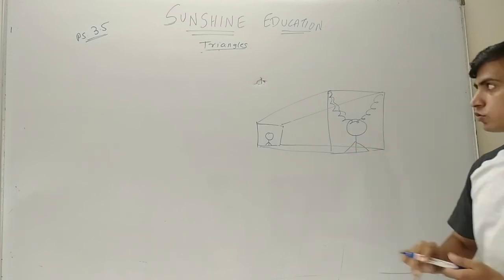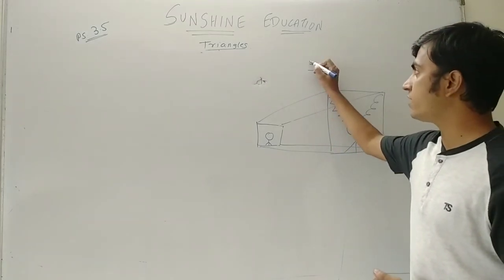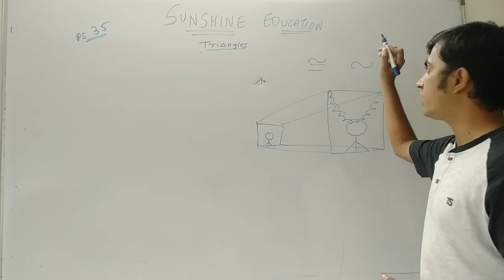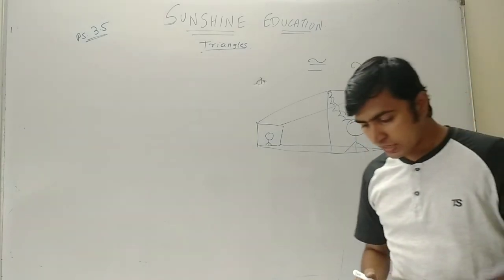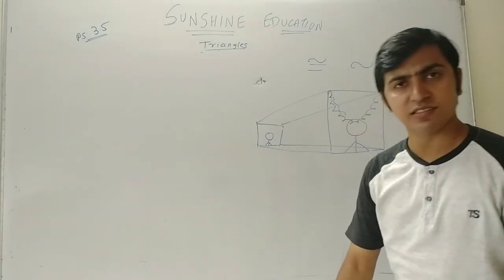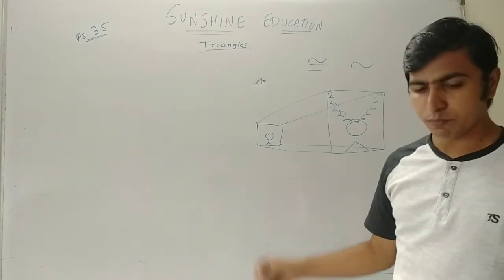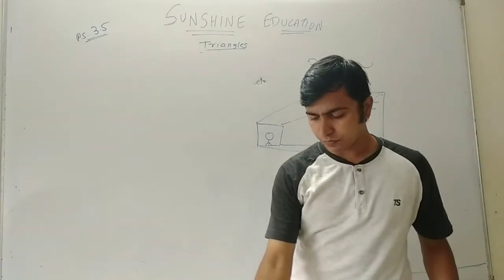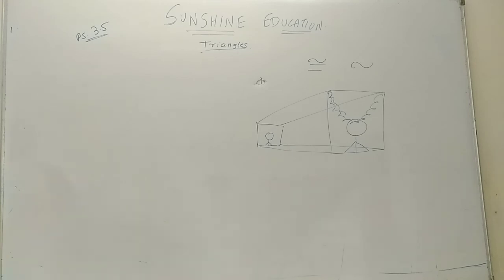Congruent we used to denote with a sign like this, and for similar we will use a sign like this. The first chapter of the 10th standard is similarities. We will just see some basic points of similarities now. Wait a minute, I'll just erase this.